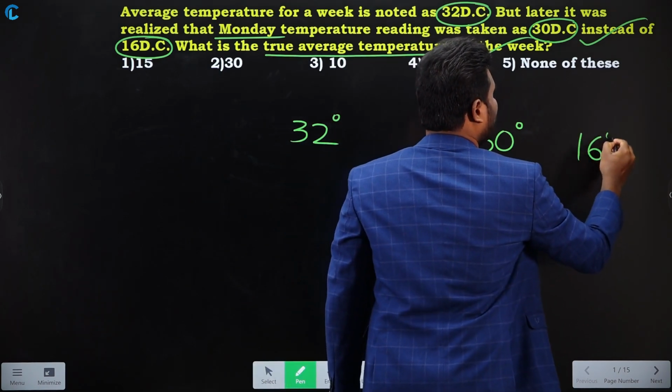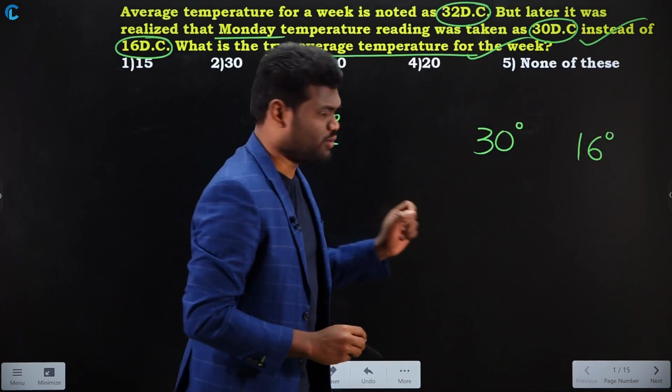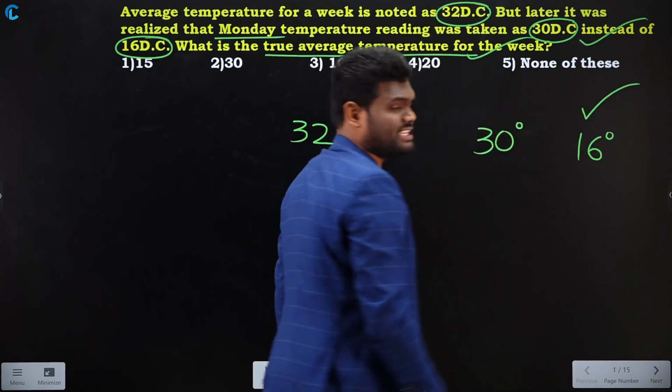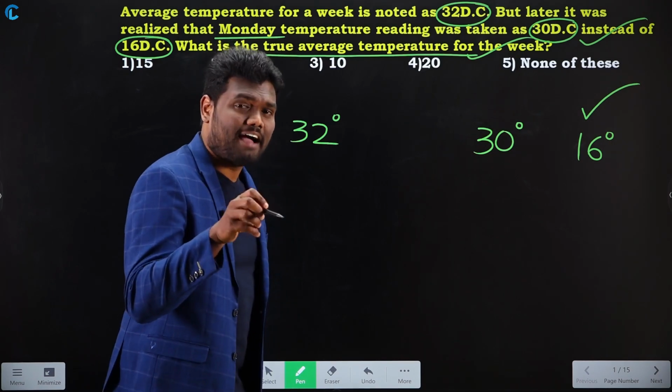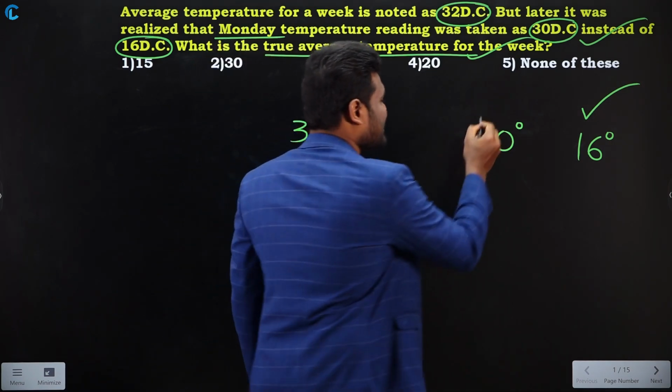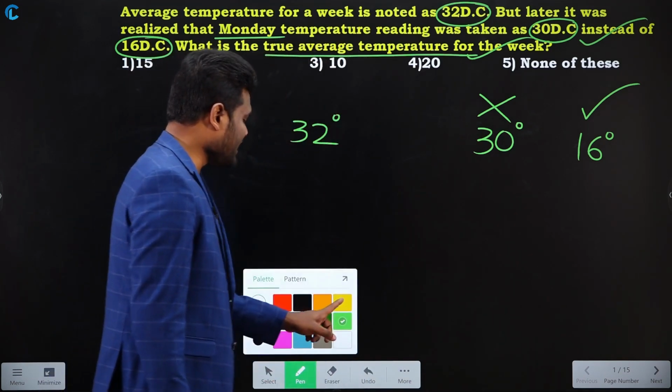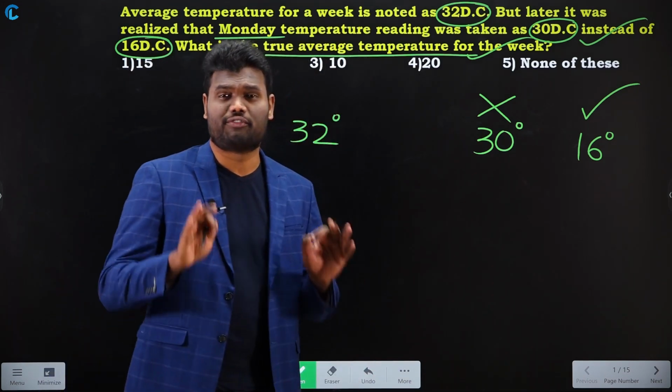Now what do we mean by that? According to this question, the correct temperature for Monday is 16 degrees Celsius, but they have wrongly noted it as 30 degrees Celsius. Now the question is asking what is the correct average temperature for the week.